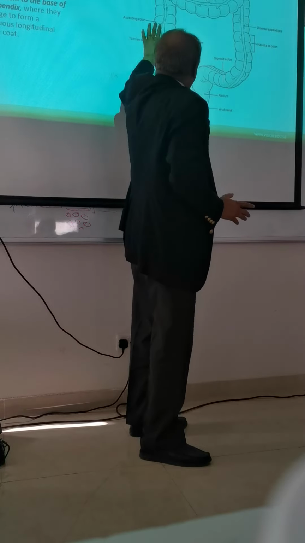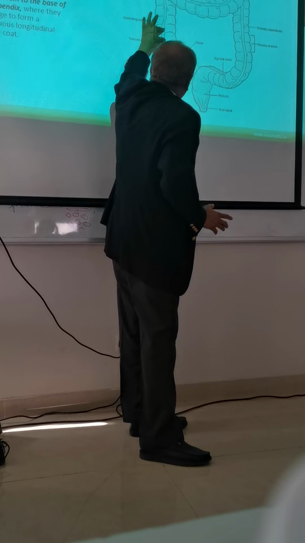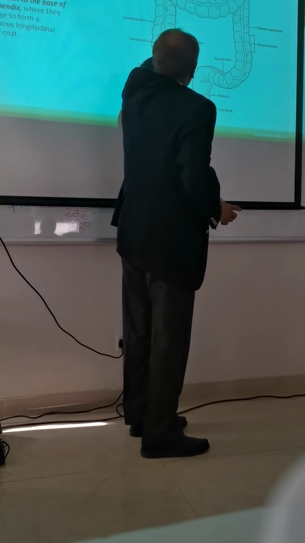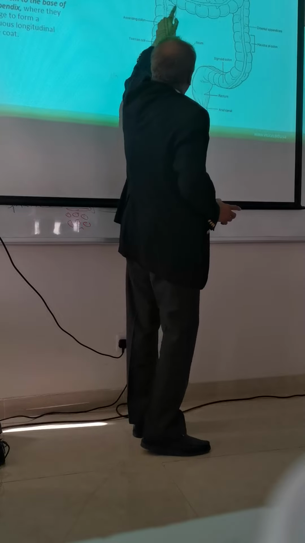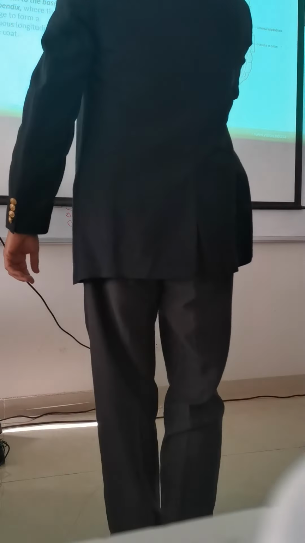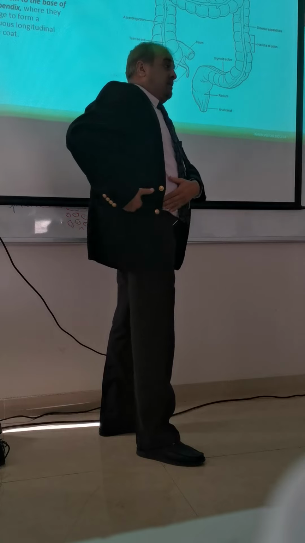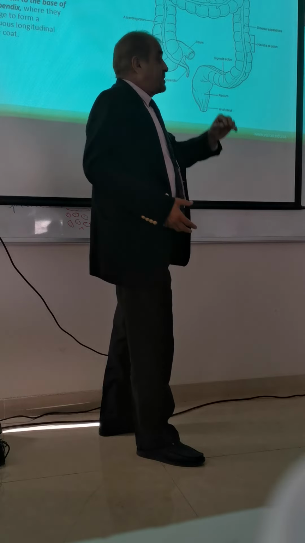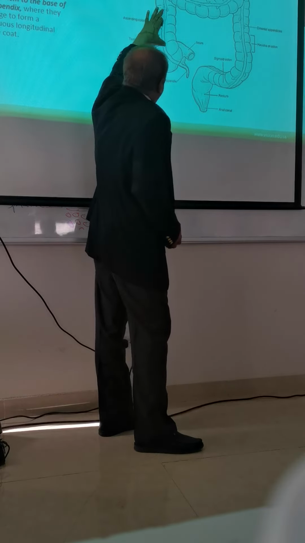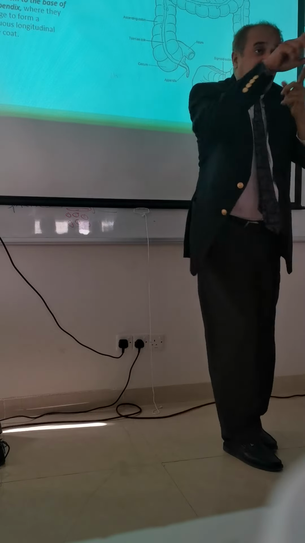When these muscles contract, they make bulging structures called haustra. I think this is not written over here, so you don't need it. In some cases we cannot find the appendix when we do surgery. So what we do is follow these taenia.